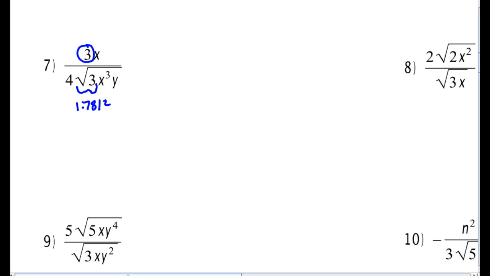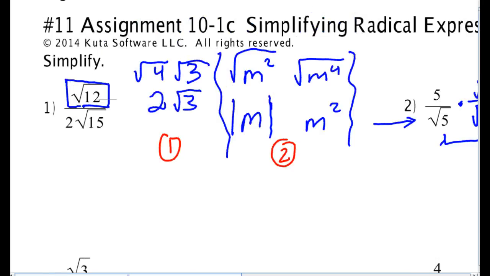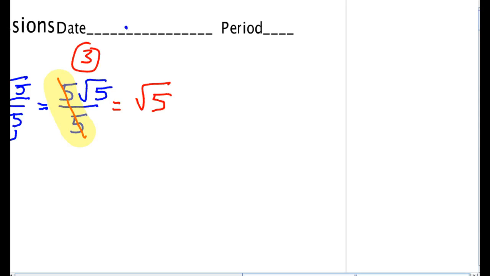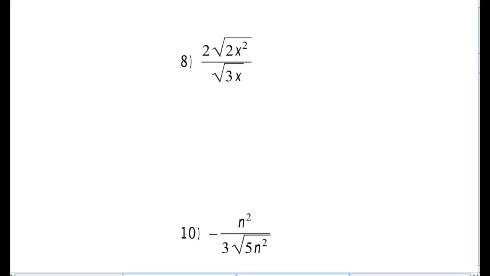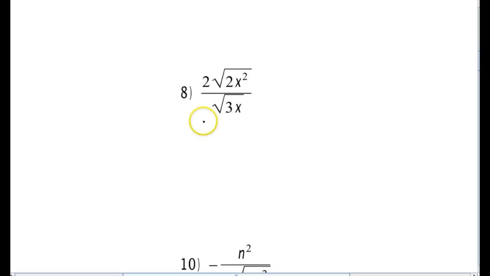So if they are both on the outside, they're both rational, they cancel out, like we did over here on the 5. Those cancel out for sure. But if one's on the inside, one's on the outside, they don't. And somebody else asked, what if they're both on the inside? Can these cancel out? And the answer was yes. So this x can cancel with this x, because they're both on the inside of the radical.